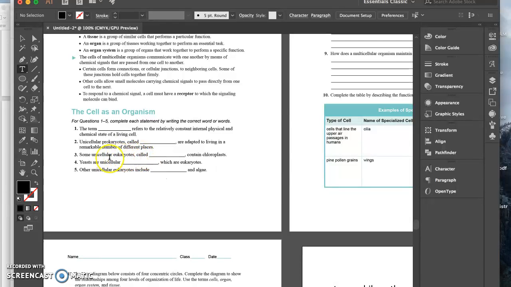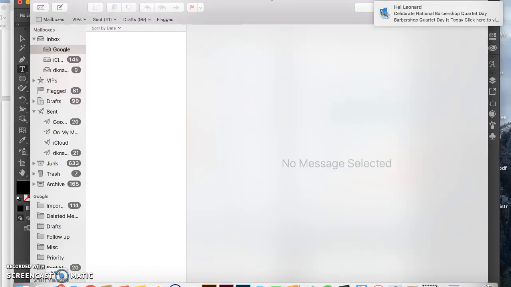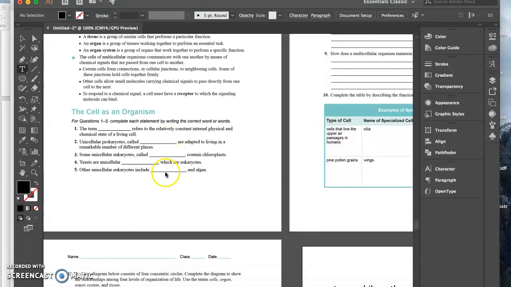Then it talks about unicellular eukaryotes. So let me turn off my email. Sorry about that. Eukaryote means they have a true nucleus. So these are the cells that have all the parts that we just learned about, the Golgi apparatus and the nucleus and the endoplasmic reticulum, all that kind of fun stuff. Yeast are a type of mold, so they belong to one of the kingdoms of living things called molds or fungi. They are a little bit different from other living things.